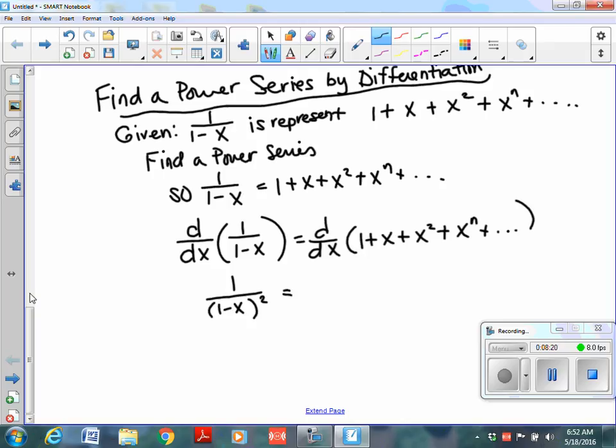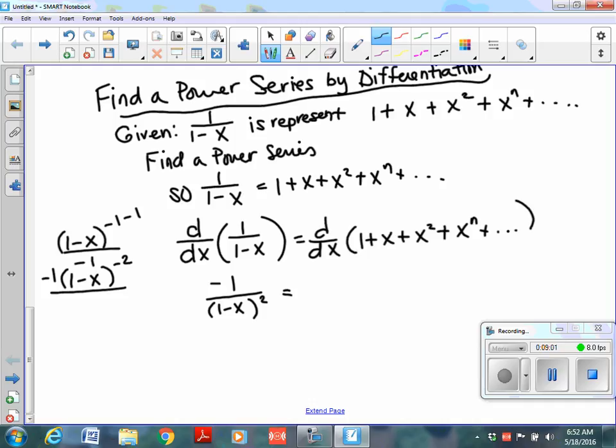I can show you that if you want, or do you believe me that the derivative is 1 over 1 minus x squared? I'm going to bring it up, which makes it a negative 1. You're going to subtract 1 from the exponent, giving 1 minus x raised to the negative 2, with another negative 1 from the chain rule.